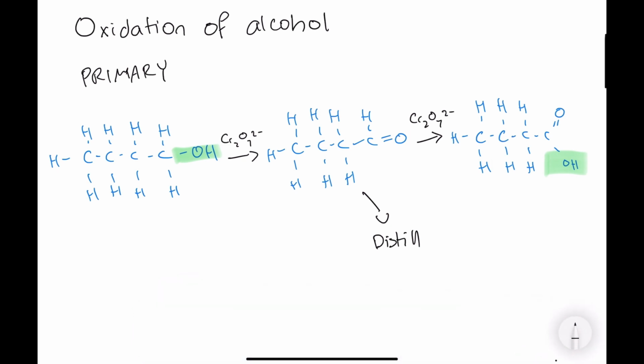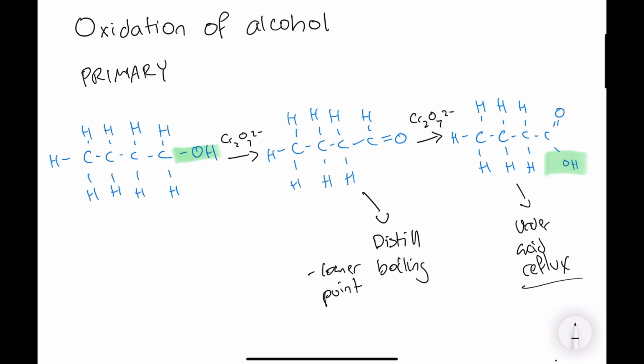That means it has a lower boiling point. And for the aldehyde to be further oxidized, you put it under acid reflux. You do it under reflux to ensure no aldehyde escapes due to its lower boiling point.